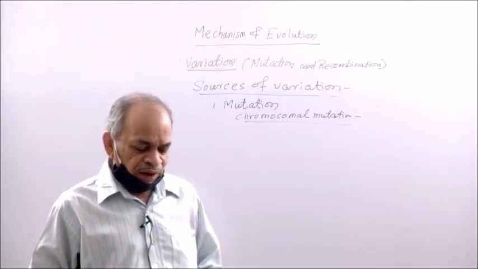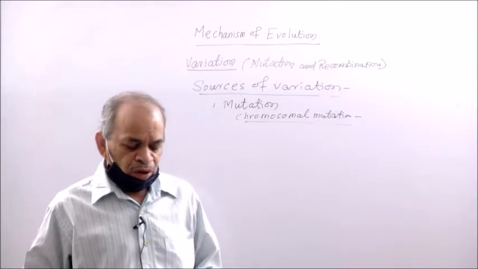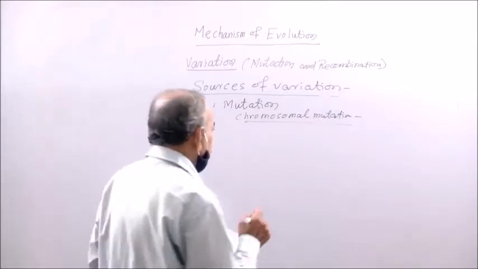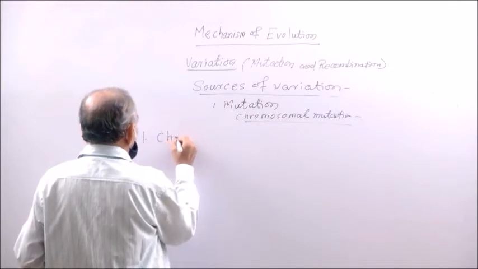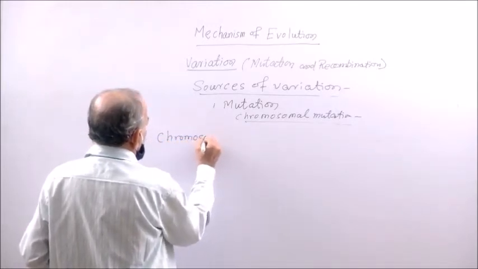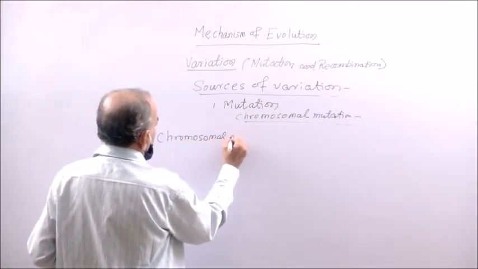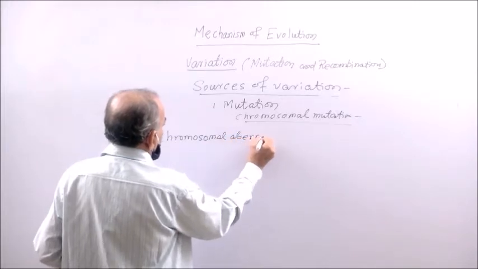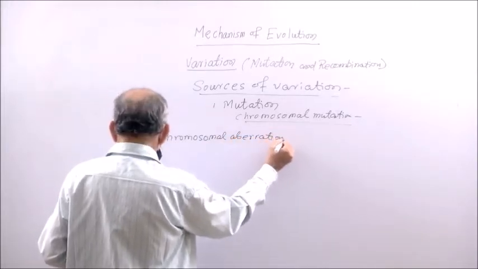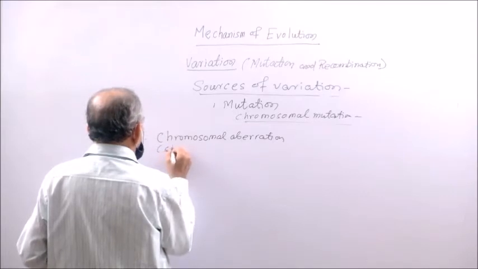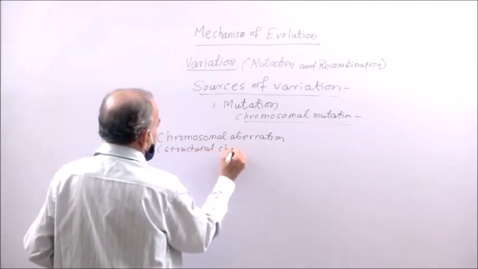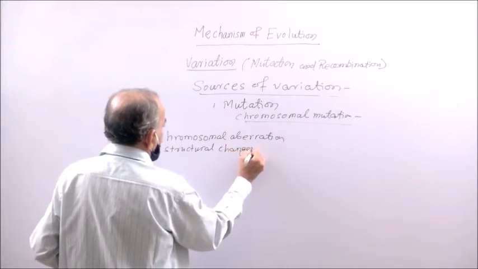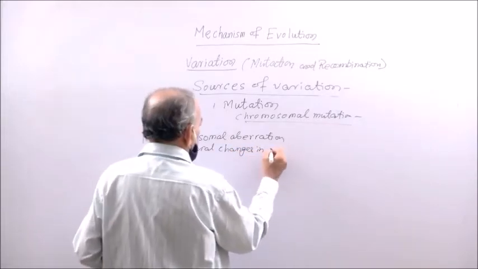These mutations are classified as number 1, chromosomal aberrations, means structural changes in chromosome.